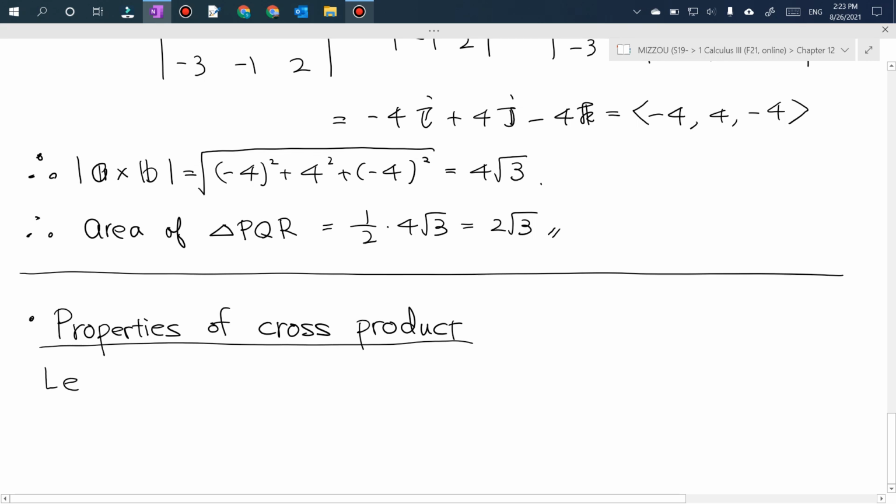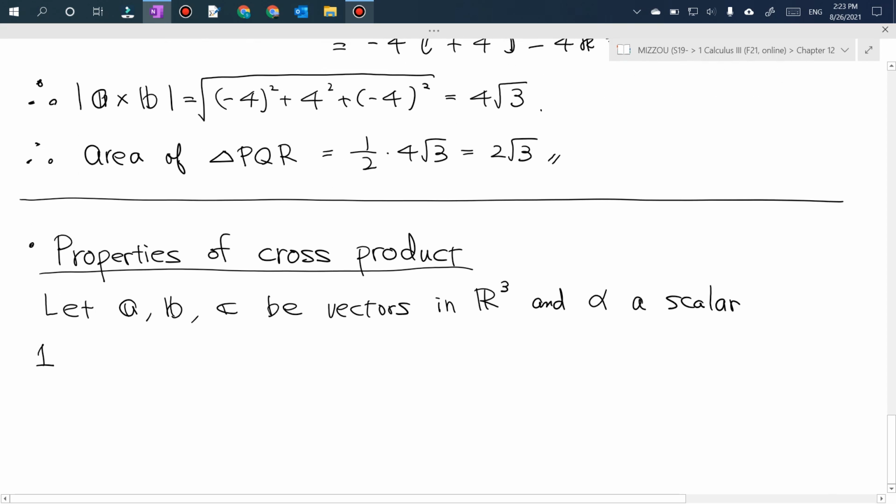So let A, B, C be vectors in R3. Once again, just to make sure, a cross product exists only for R3. There is no cross product for vectors in R2. And alpha, a scalar, a number. Then, property number 1, which we have already seen actually, A cross B is negative B cross A.